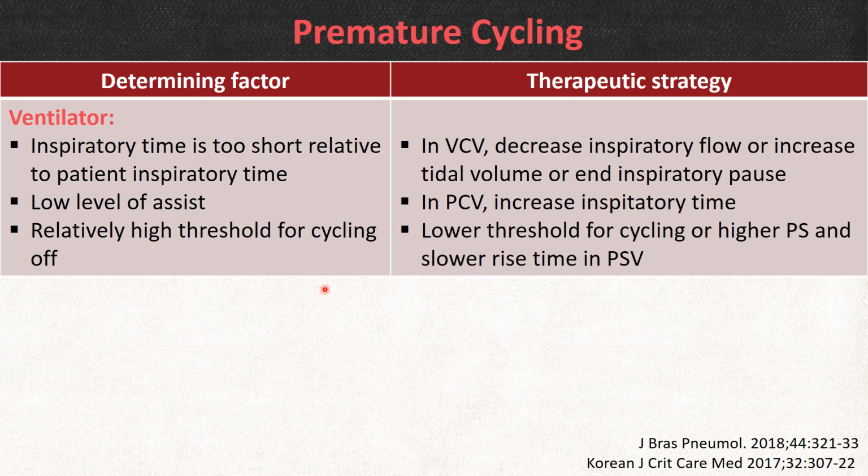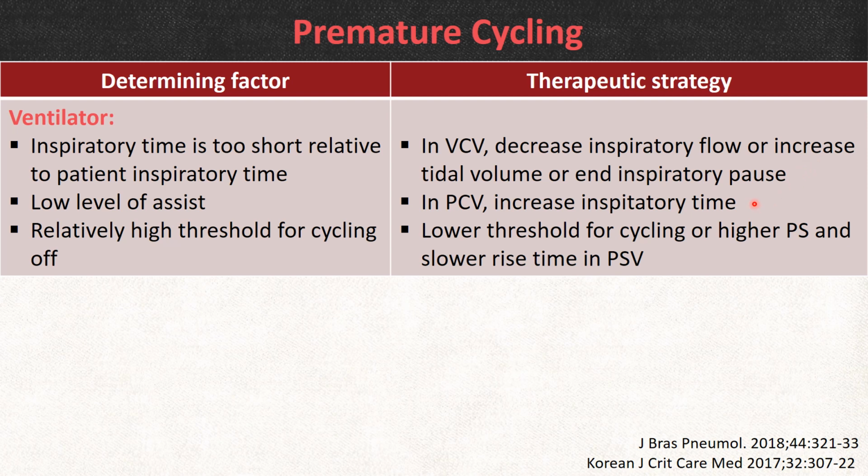So, as a therapeutic measure, to prevent or avoid premature cycling, in volume control ventilation we have to decrease the inspiratory flow, which will increase the inspiratory time, or we can increase the tidal volume or add an end inspiratory pause.